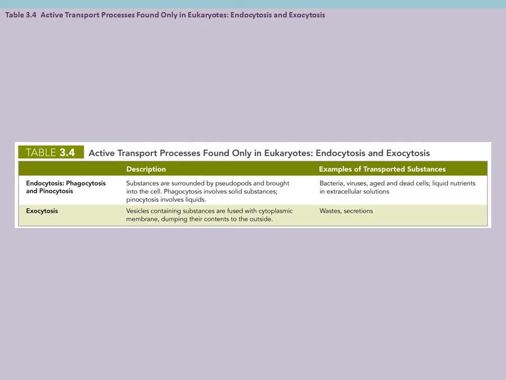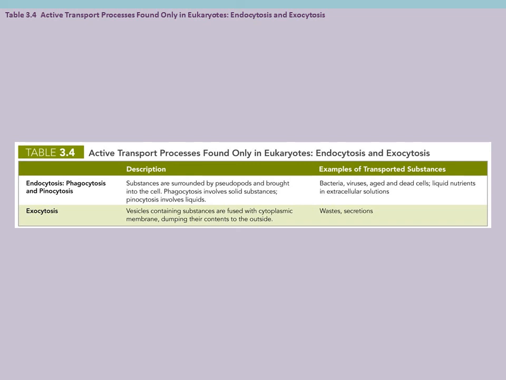This type of active transport is for moving large substances. Endocytosis, as we just saw, is bringing something into the cell. We don't see this with bacteria or the archaea, but we do see it with the eukaryotes. It's a way of bringing very large substances into the cell.